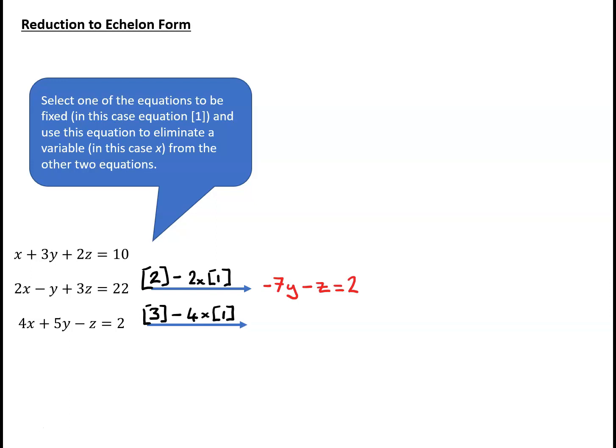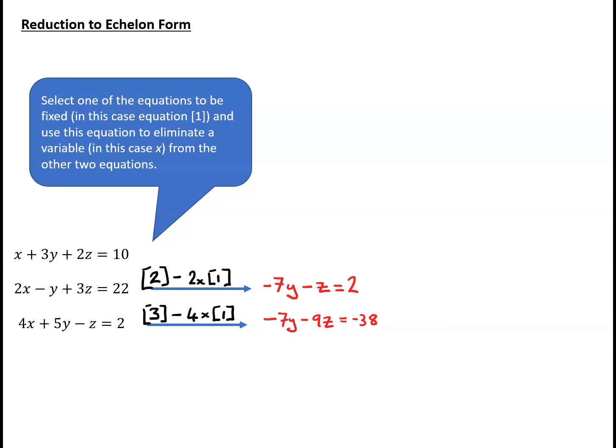Minus z, take away 4 times 2z, gives me minus 9z. 2, take away 4 times 10, gives me minus 38. So my result of doing equation 3, take away 4 times equation 1, is minus 7y minus 9z equals minus 38.